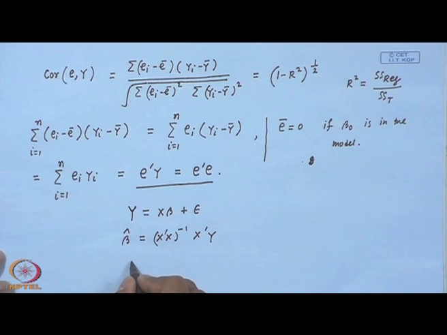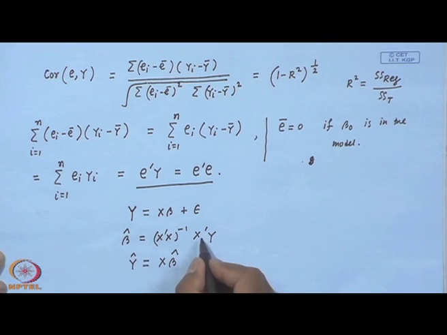And then the fitted model is y hat is equal to x beta hat, right. This is the fitted model, and we know that beta hat is equal to x prime x inverse x prime y.